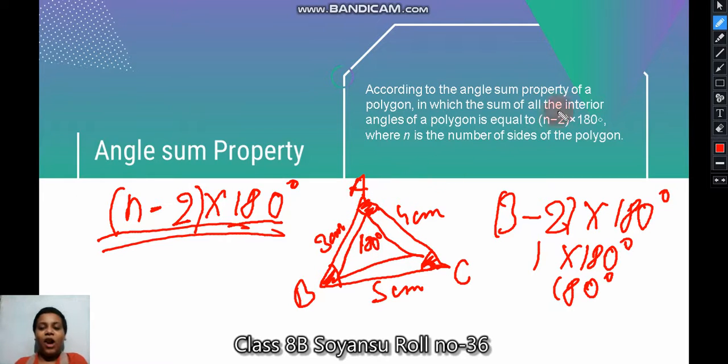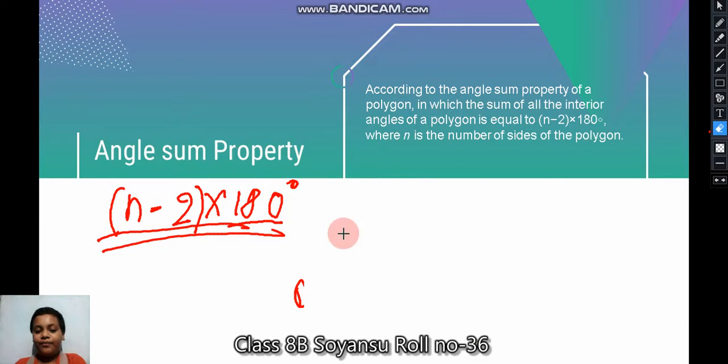Now let's check this formula with the help of a pentagon.